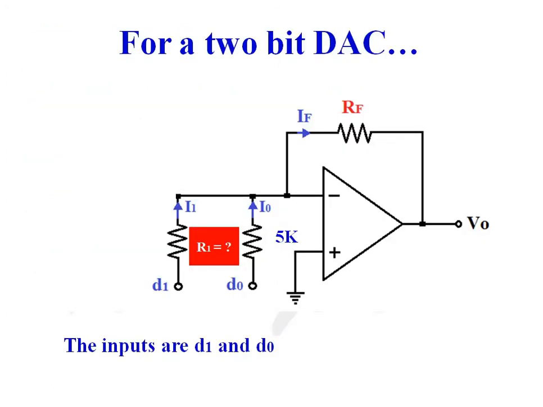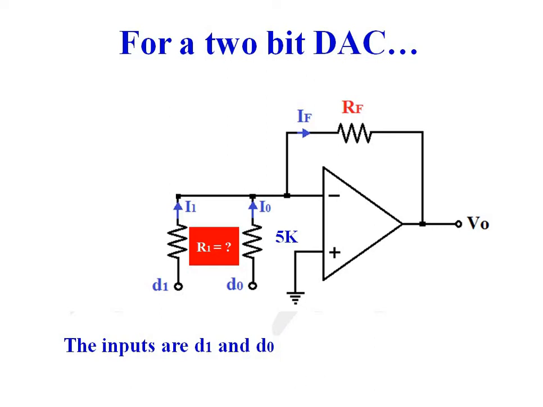Now let us extend the concept of 1-bit DAC to a 2-bit binary weighted resistor network digital to analog converter. Here the inputs are D1 and D0. We know that the value of resistance connected between D0 and the inverting input of the operational amplifier is equal to 5K.